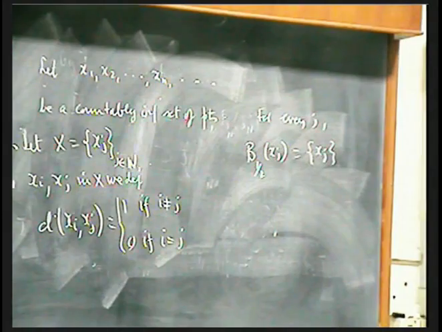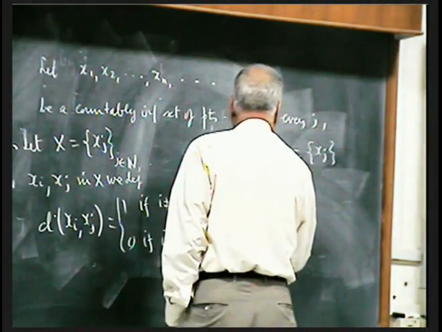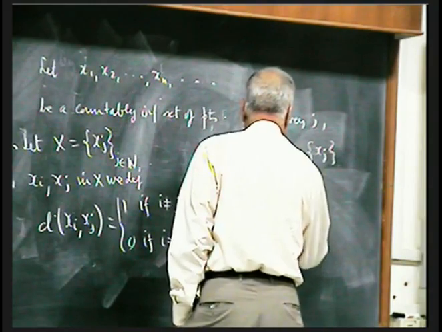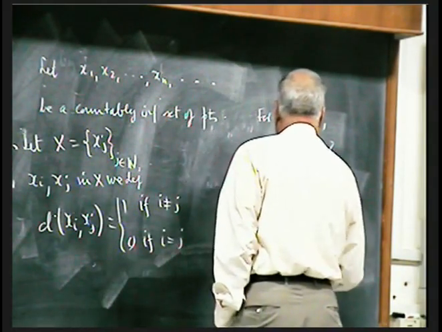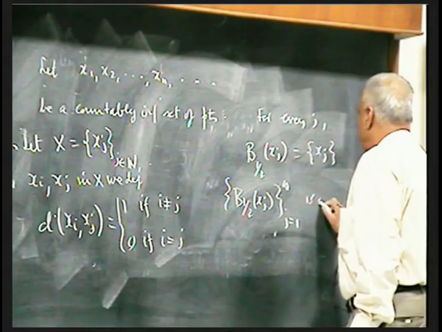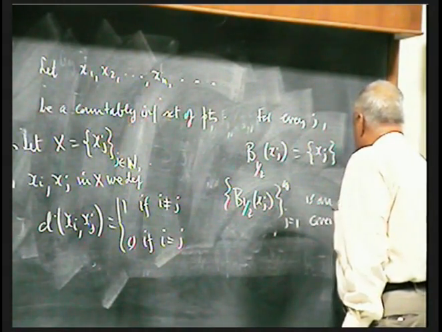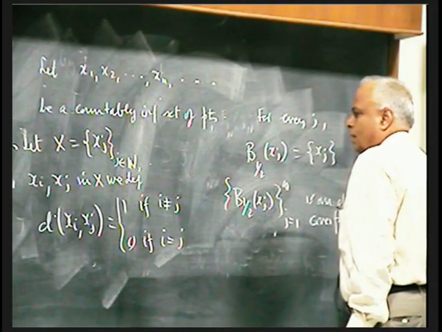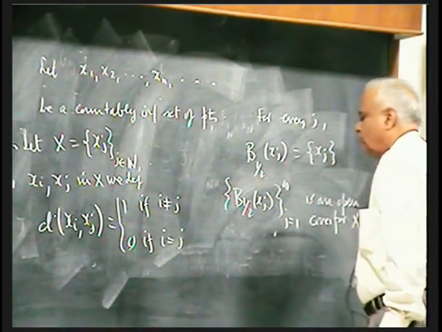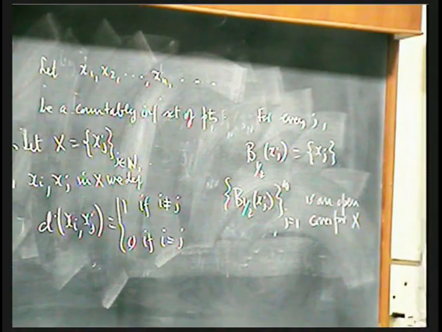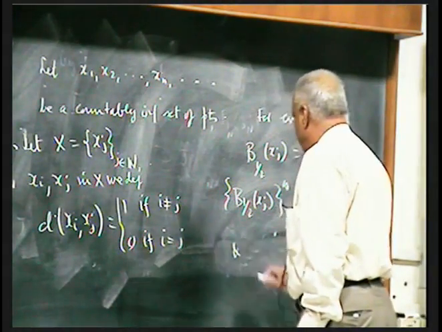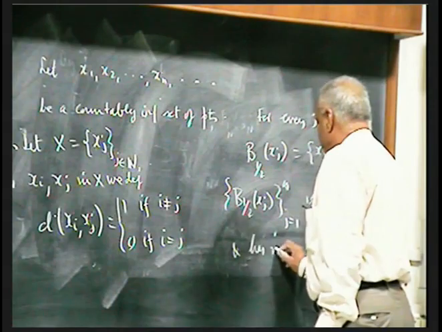Now let us take all these balls. That's now an open cover. So B(xj, 1/2), j equal to 1 to infinity, is an open cover for X. And it has no finite subcover.